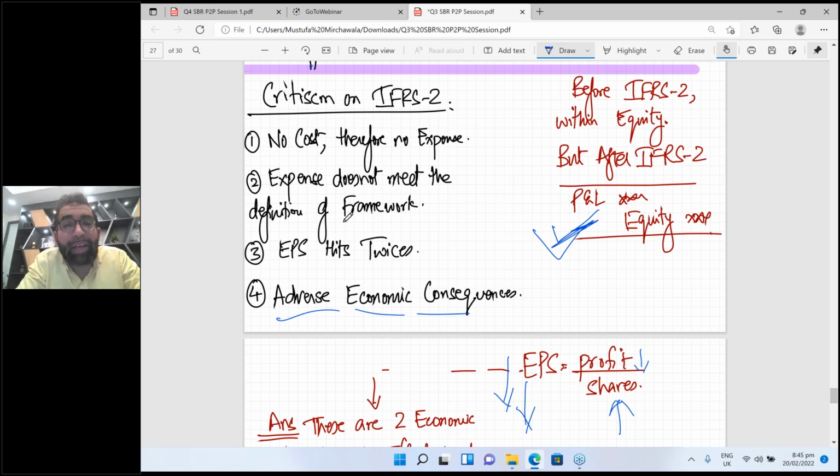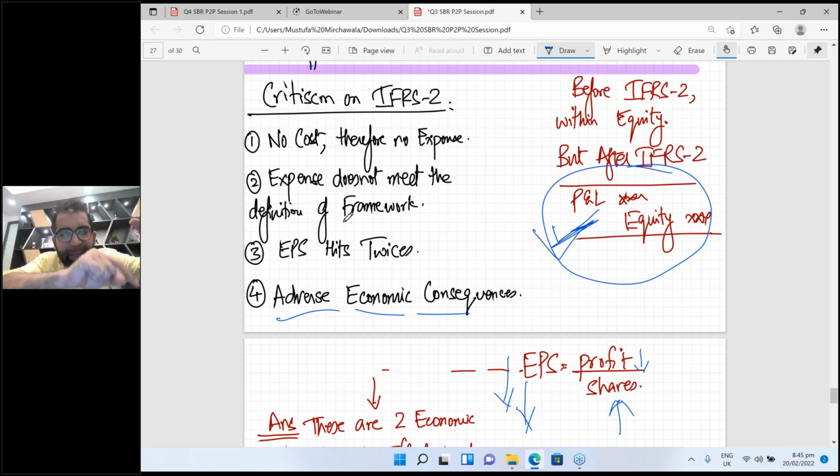Why? Have you heard the word comparability? Wait, just go before 2005, when this entry was not there. Just think, at that time there were two companies.